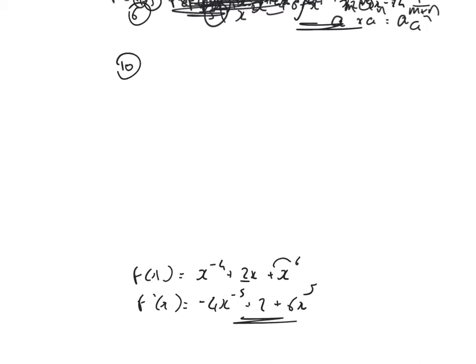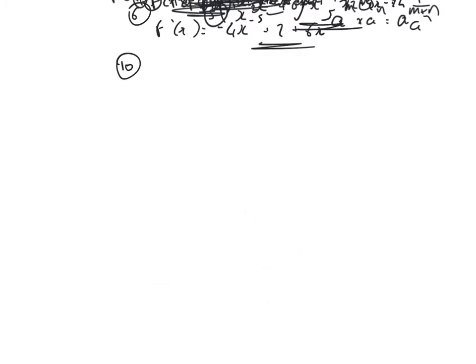Okay, example 10. Right, example 10, let's go for one over the square root of x minus the square root of x all squared. Just going to take our time with this one again.